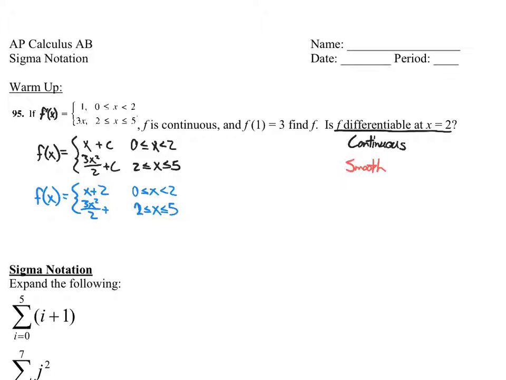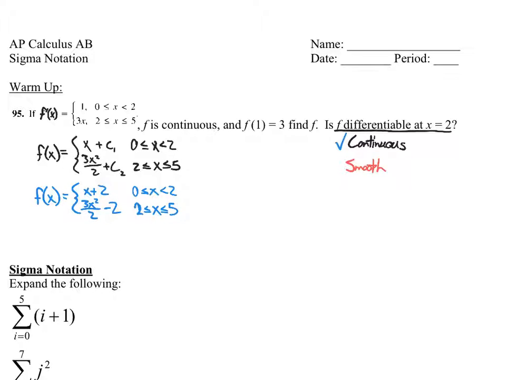If I need it to equal 4, that means c must equal minus 2. That would force it to be continuous. Okay, I'm glad you caught that, thank you. Alright, so now let's actually do tests to see if it's smooth.